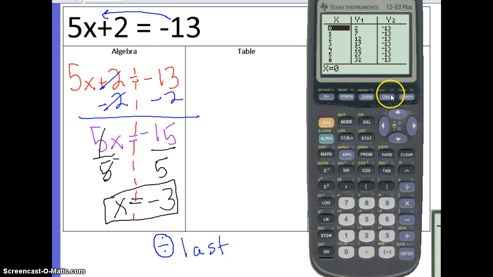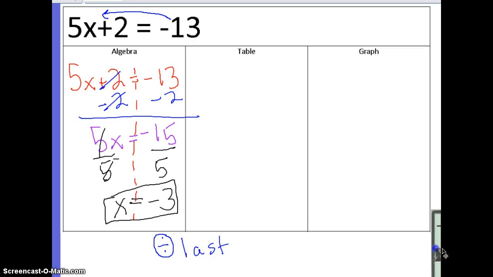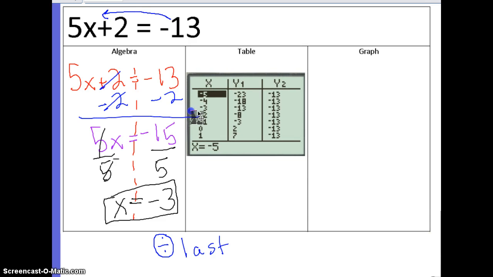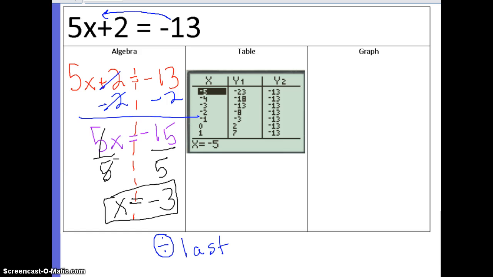You can see that the solution is not here, so I can either scroll down or up. Looks like I need to scroll up. It happens right here when the two sides are both equal to negative 13. So the table for this one looks like this, and then I will circle the solution, which is where y1 and y2 are equal, which happens right here.